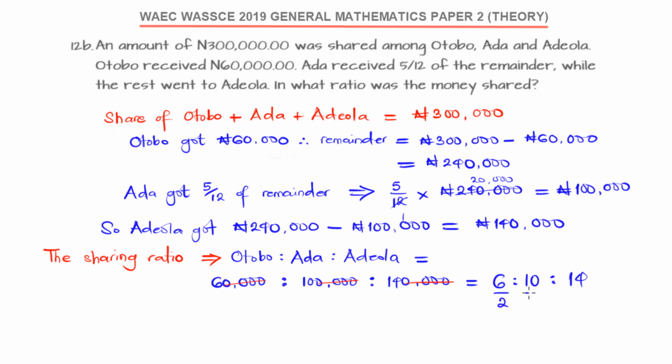So we have 6/2, 10/2, and 14/2. That ratio will give us 3 in the first place, 5 in the second place, and 7 in the third place. So the sharing ratio that we're asked to get for this question is 3:5:7 for Otobo, Ada, and Adeola.